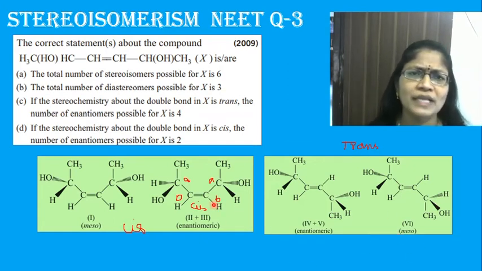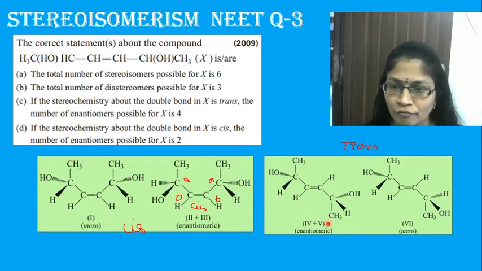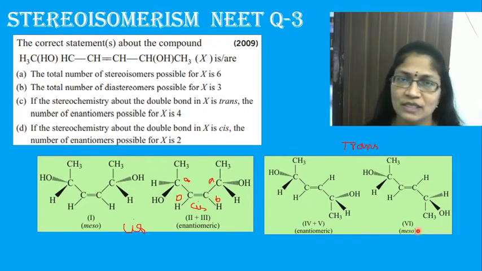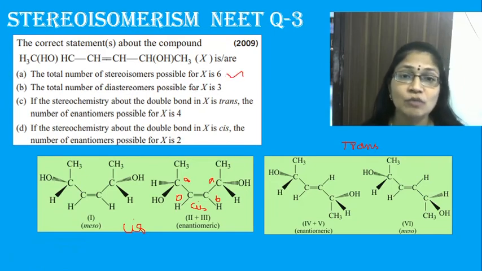Overall, how many stereoisomers are there? Total number of stereoisomers possible for this X structure is 1, 2, 3, 4, 5, 6. Six stereoisomers are possible. So the first statement is right. The first statement is correct. And the total number of diastereoisomers possible for X is 3.